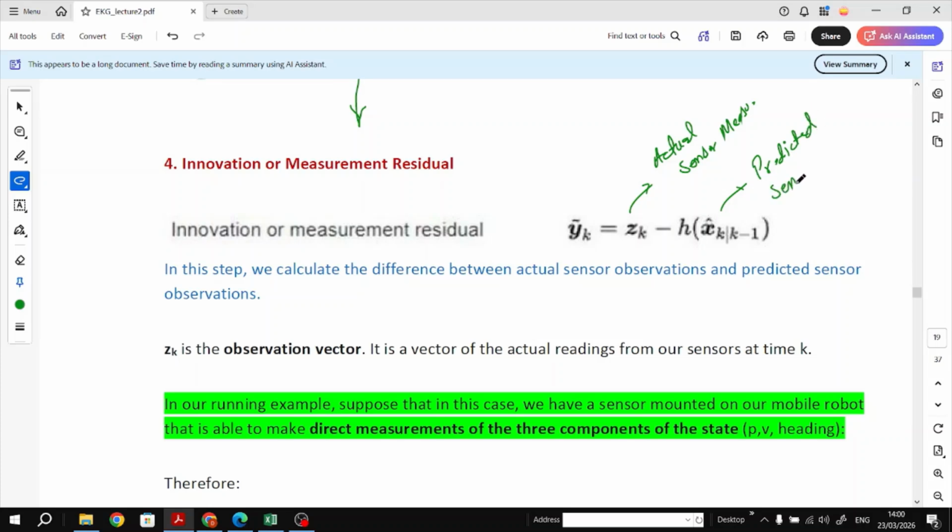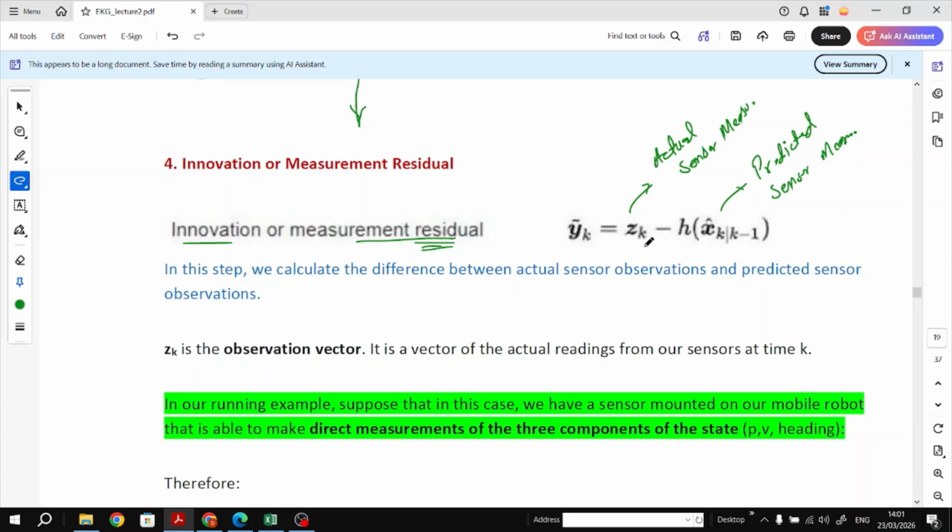The predicted sensor measurement will come from the sensor model, which can be linear or nonlinear. This term, the difference, is given a name: innovation, or measurement residue. If you see in some books or tutorials, they say the innovation vector. So don't be afraid. The innovation vector is just the difference between the actual sensor measurements and the predicted sensor measurements.